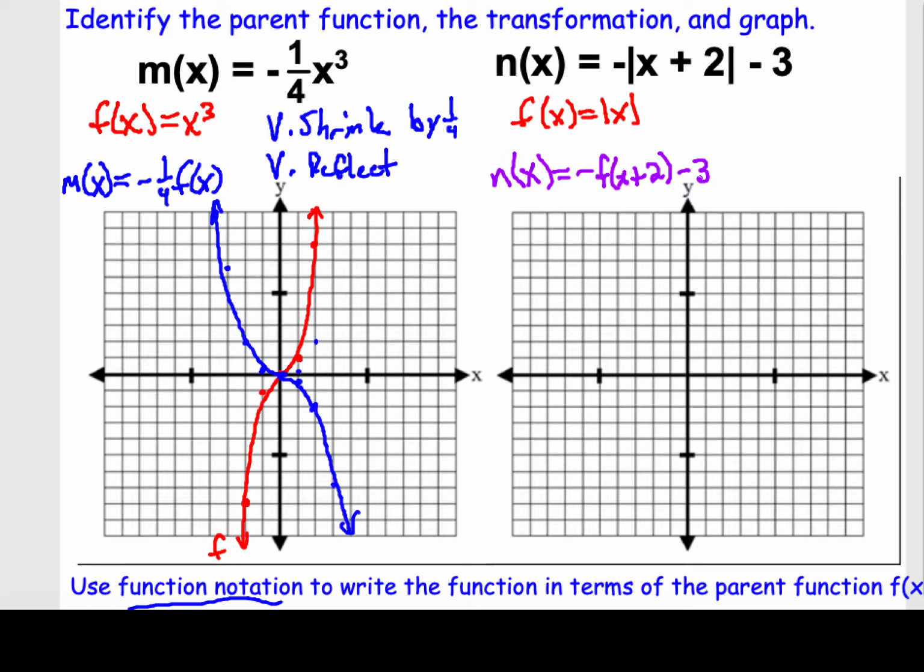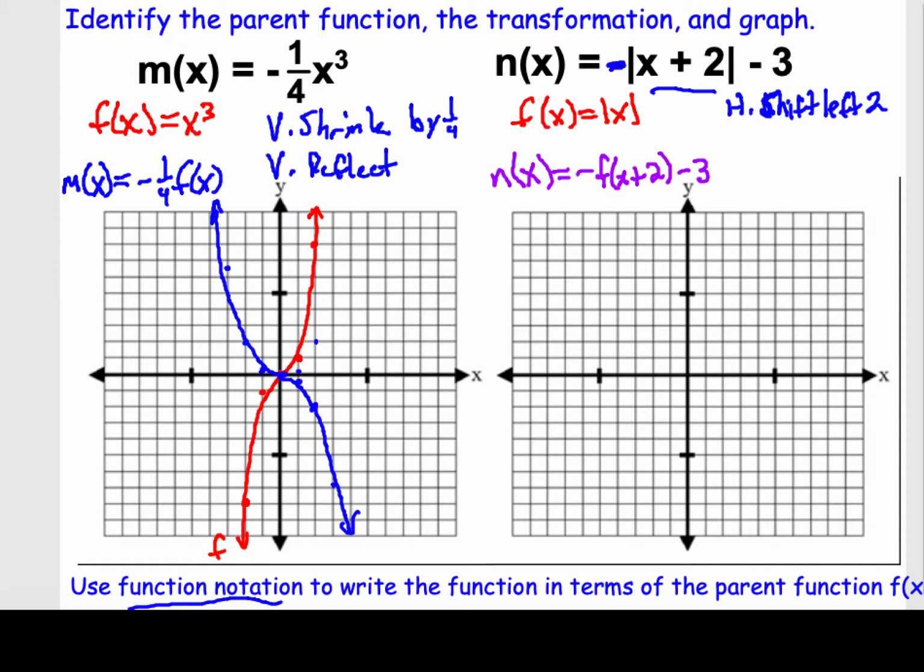So again, let's walk our way through those functions. First thing happening is actually happening inside. So we're going to talk about the horizontal change first. Horizontally, we're adding 2, so technically we're going to go left, horizontal shift left 2. Then we're going to multiply, so that's where the negative comes into play.